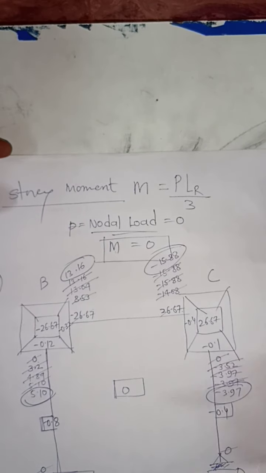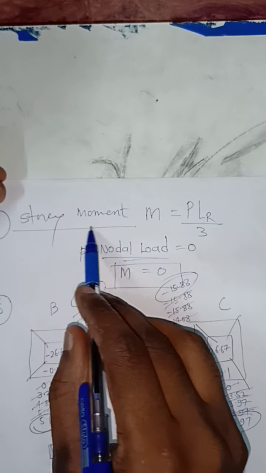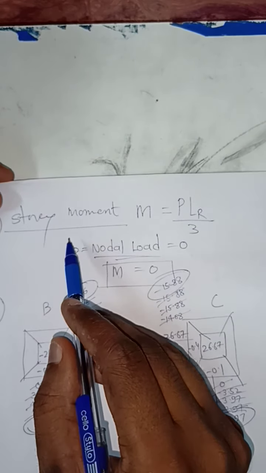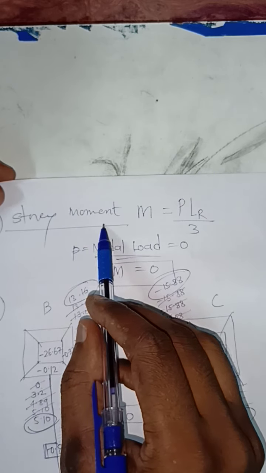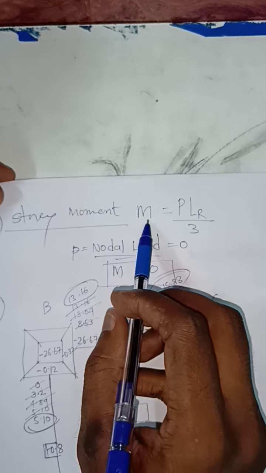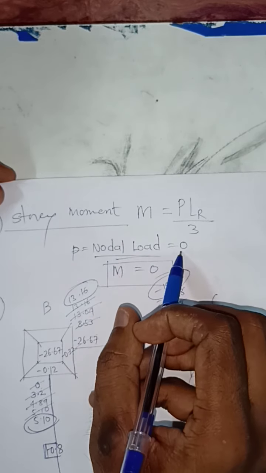Now the next step is the calculation of story moment. As the horizontal force is applied, or the column is under deflection, the story moment will be formed. The standard formula is M equal to PLR by 3. P is the nodal load, and here it will be 0. Why will P be equal to 0?